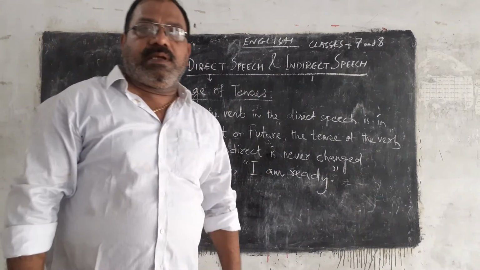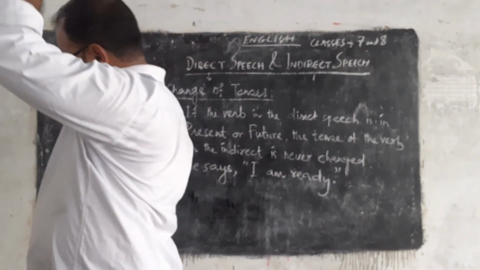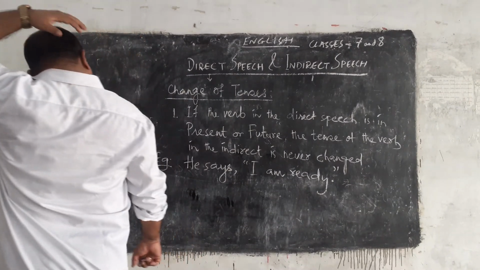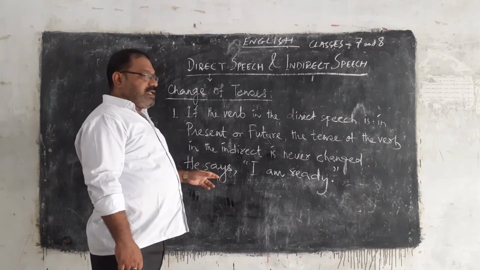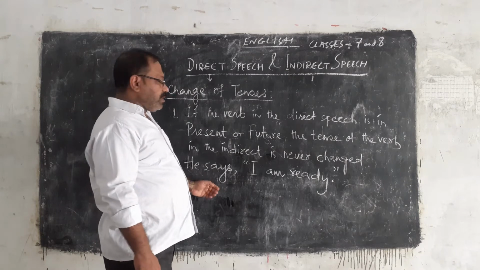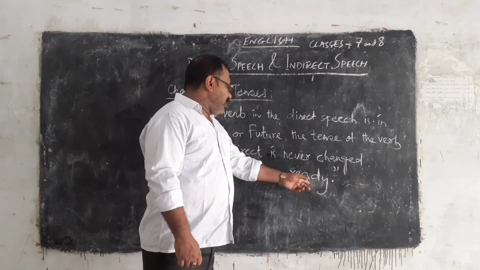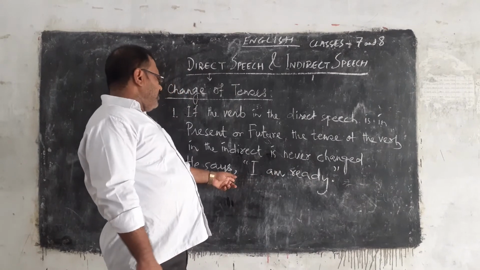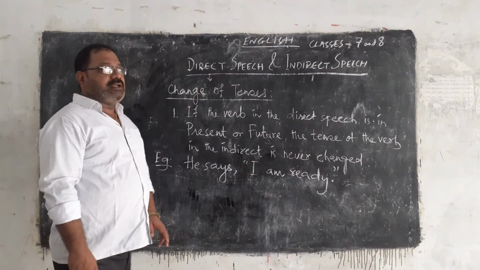He says, I am ready. It is a direct speech. Says is the reporting verb. He is the subject. This is the reporting clause. The reporting verb is separated from the reported speech by an inverted comma, and the actual words are quoted. It is a direct speech.